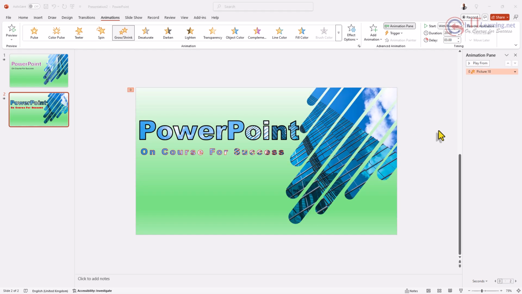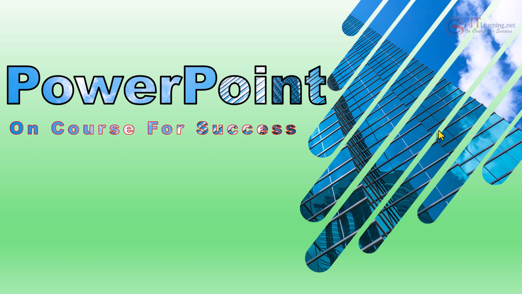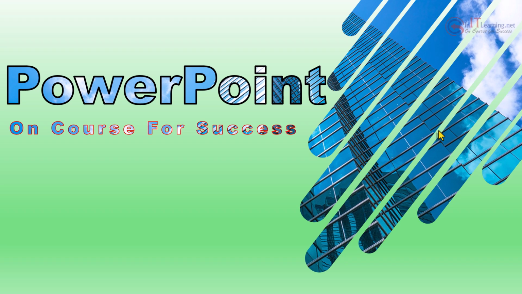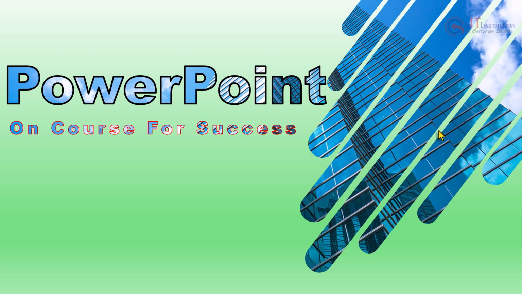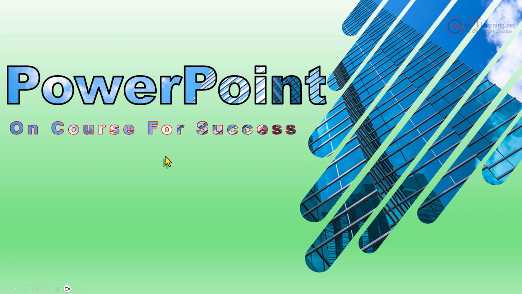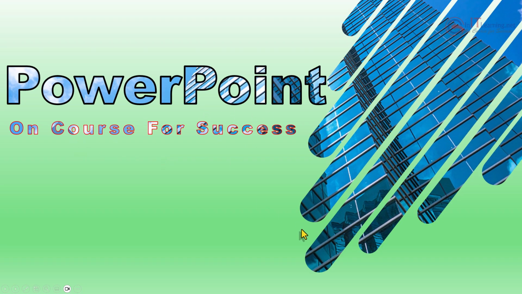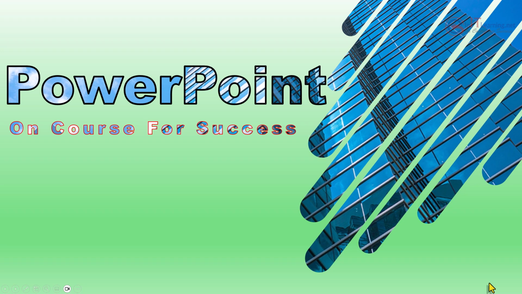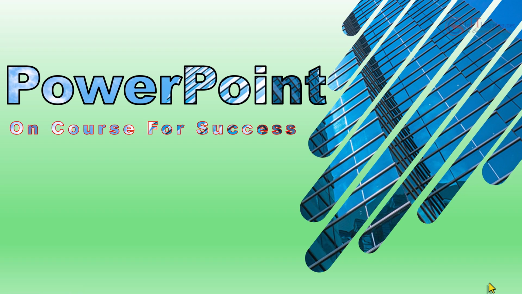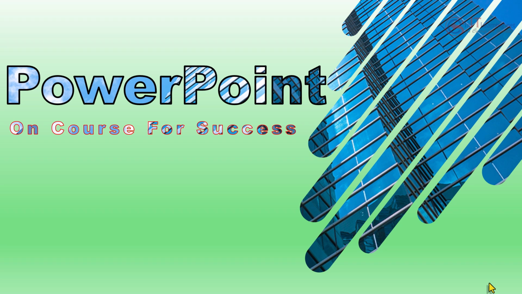So we've got a little delay, and then that starts to subtly grow bigger in the background, and you can see it's happening to everything, all our text and our shape over on the right hand side. Once it gets up to size, that should go back down because we asked it to repeat.